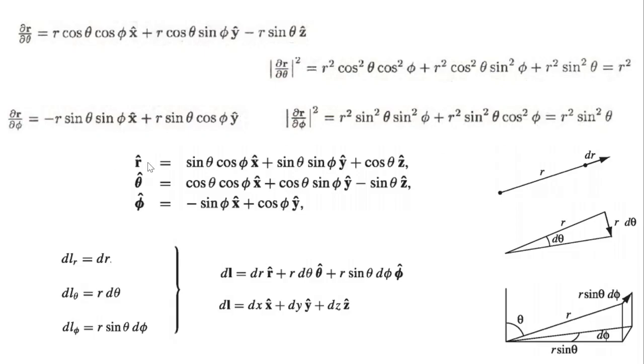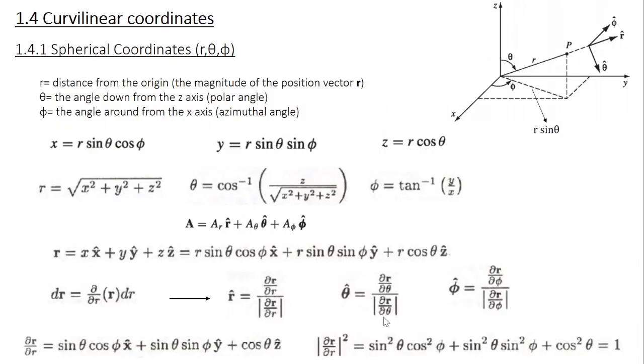Now you can calculate r cap, θ cap, and φ cap. So what is r cap? ∂r/∂r divided by modulus of ∂r/∂r. The modulus of ∂r/∂r is 1. So r cap is nothing but sin θ cos φ x cap plus sin θ sin φ y cap plus cos θ z cap.